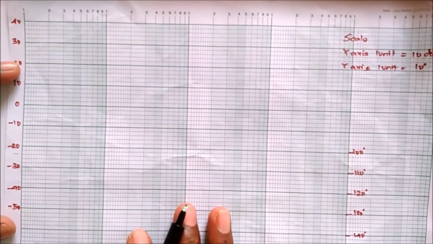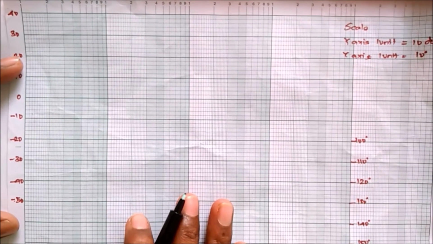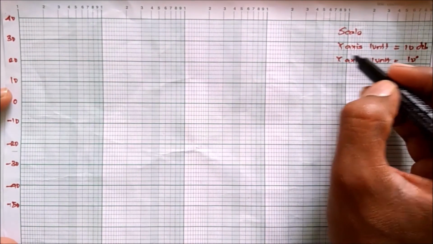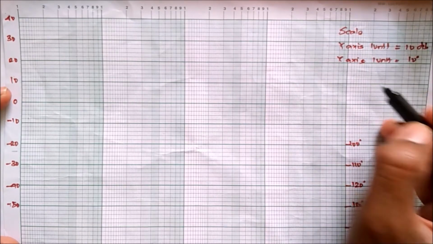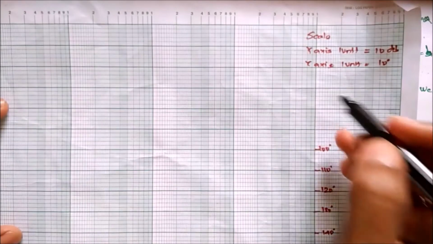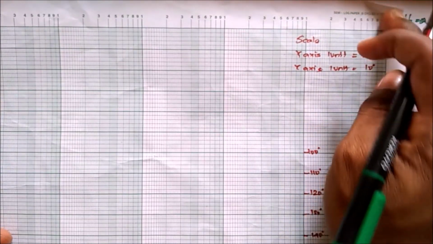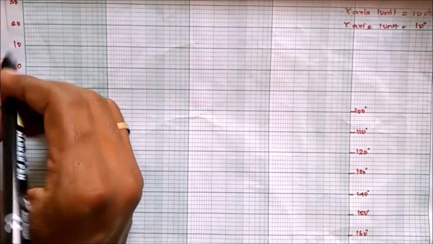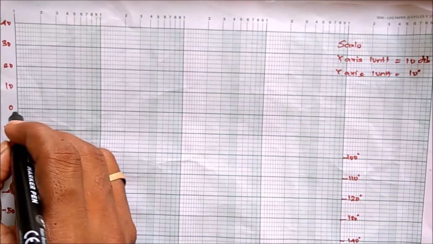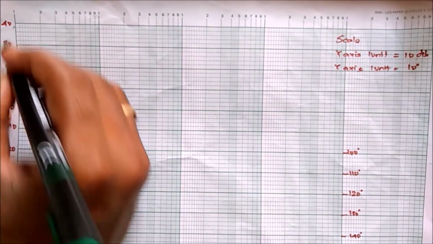Then, for this x-axis, we can select the y-axis. For the magnitude y-axis we can select 1 unit equal to 10 decibel. For the phase angle y-axis, we can consider 1 unit equal to 10 degree. Here we can consider 0, then 10, 20, 30, 40.